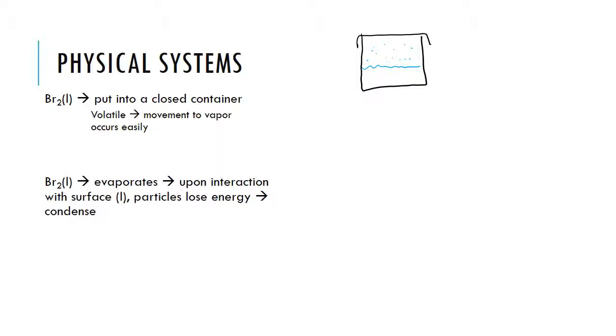So what happens to reach an equilibrium state is bromine liquid evaporates, which means it's going from its liquid to its gaseous state. Now gases move around because they have increased kinetic energy, and we understand that. Some of those gases are going to hit the liquid surface, and when they hit that liquid surface, they exchange some of their kinetic energy to the liquid, and that's going to cause them to condense and go back into their liquid state.